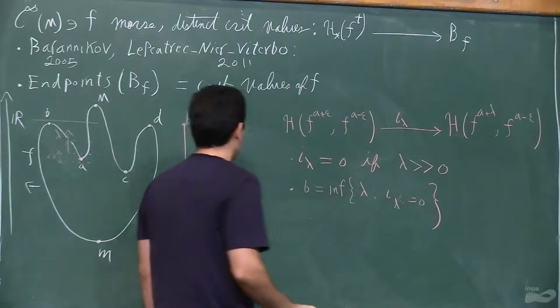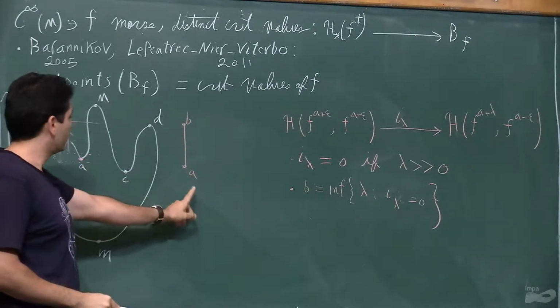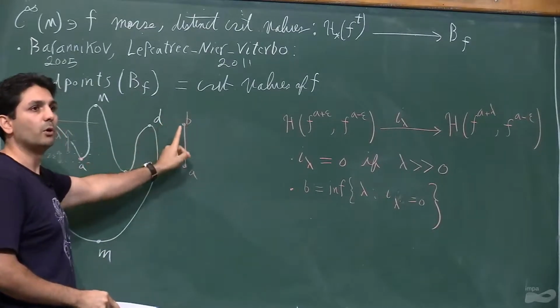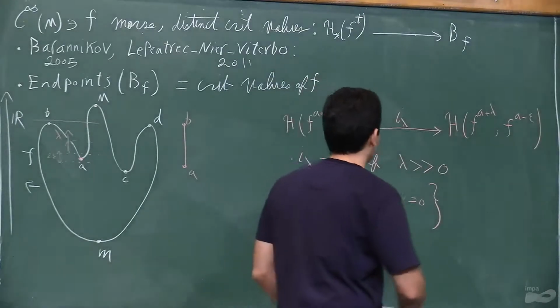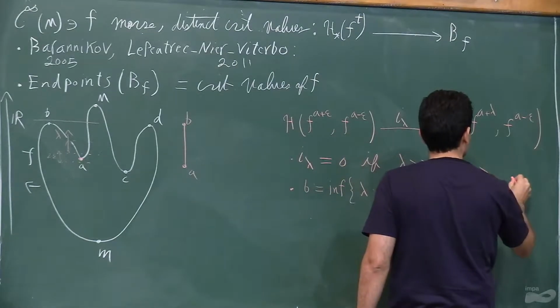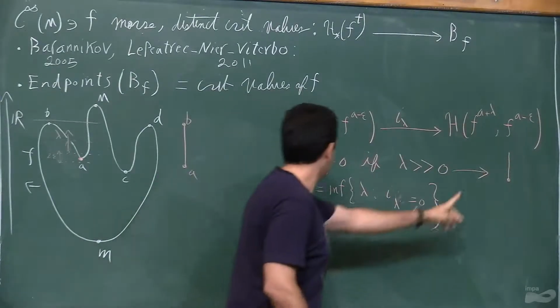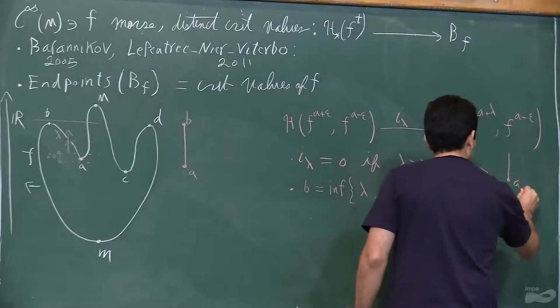There are two pieces of data I communicated here. The first says that A is the lower end of a bar, and the second says that the upper end of the bar is B. That A is the lower endpoint comes from here, so I've got a bar that looks like this, and the fact that this bar terminates at B comes from this second thing.